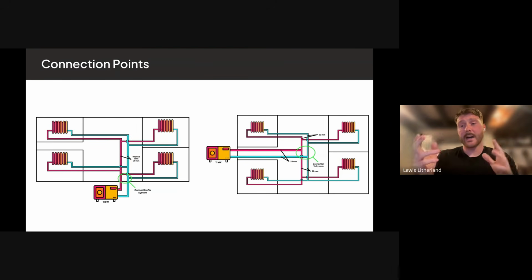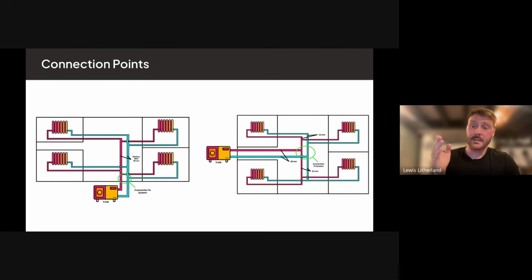If you're a little bit smarter, and I know it's easy for me to say sat here, on the right-hand side there, if you thought about how can I split that 11 kilowatts load, if you went basically in the center, it doesn't have to be the center as long as you've calculated it.